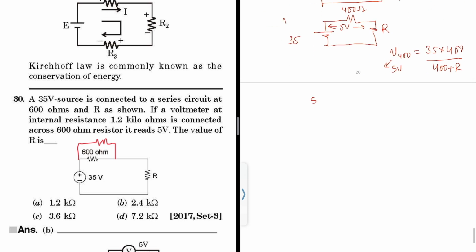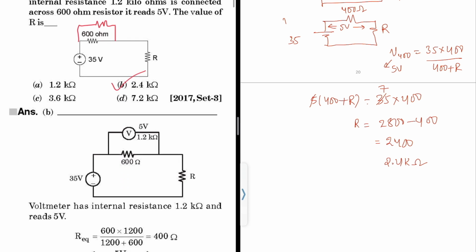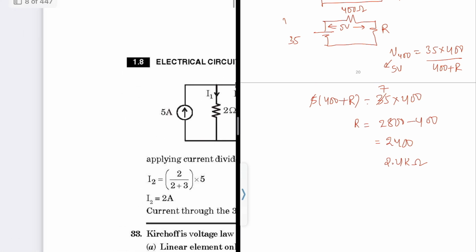So by solving, 5 into (400 plus R) equals 35 into 400. So R equals 2800 minus 400, that equals 2400. So that is 2.4 kilo ohm. So option will be B.